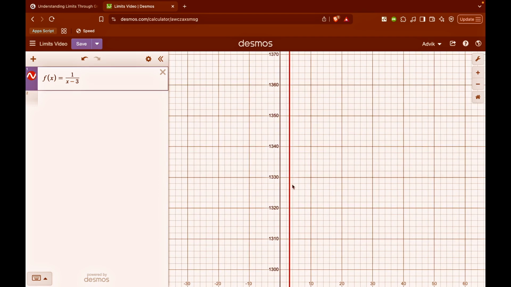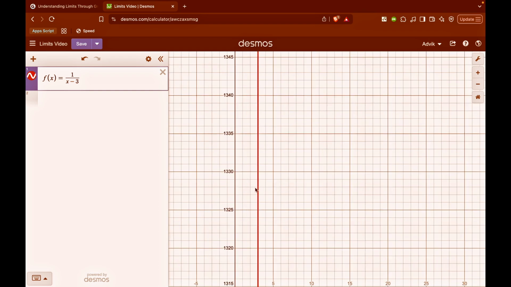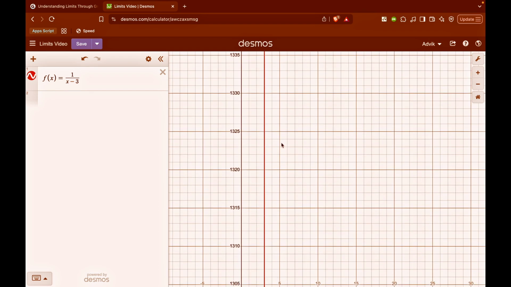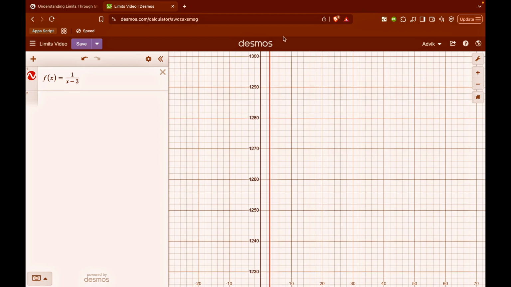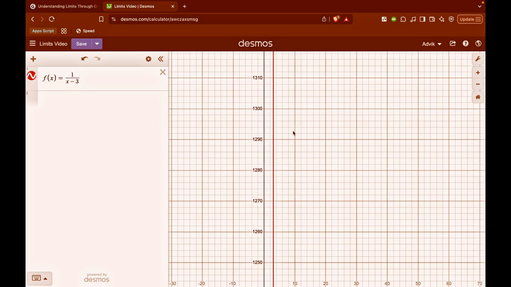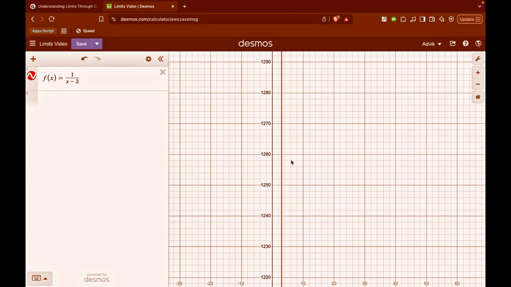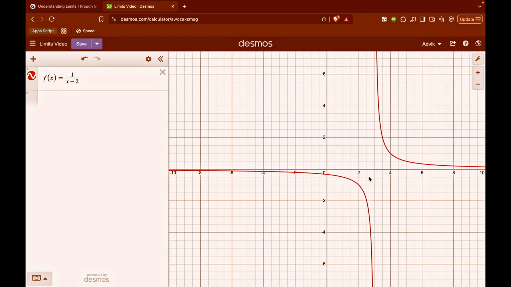As you can see, it starts to become very close to 3. It's almost on the line, but not quite there. As the slope goes to infinity, it's a vertical line. So from the left-hand side, it's going to be positive infinity.